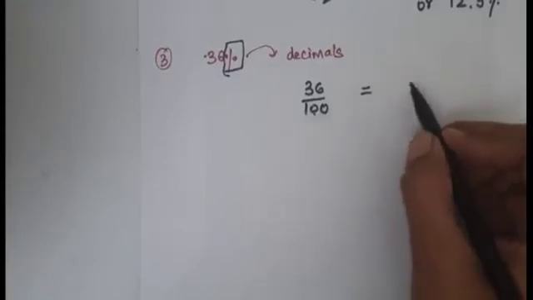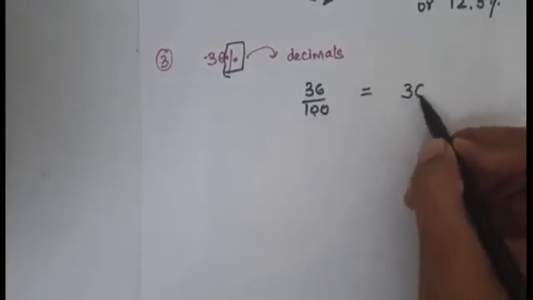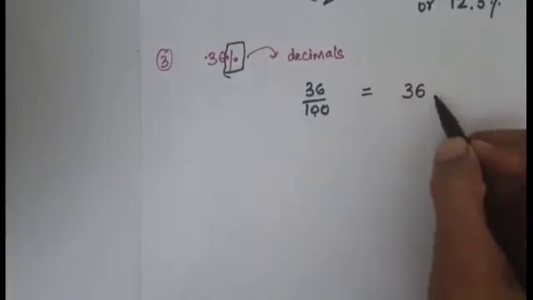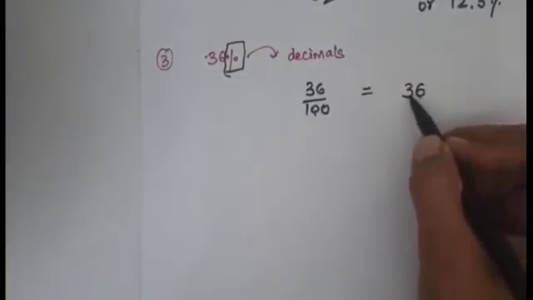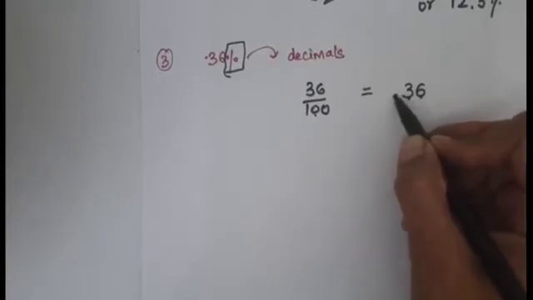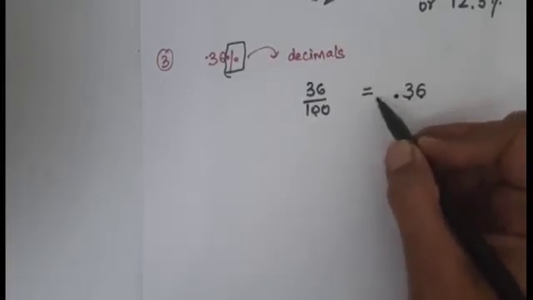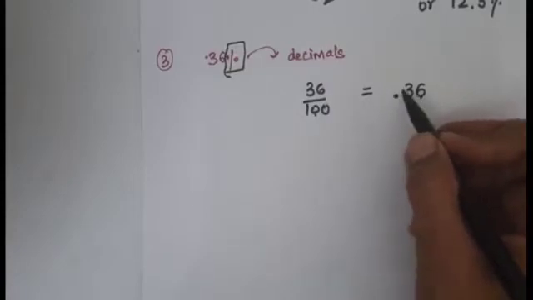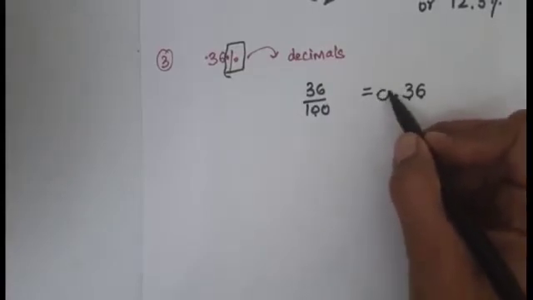So start counting the digits from the back side. 1, 2. 2 zeros are there. So we will count till 2 digits. Now put the decimal here, and before the decimal there is no digit, then you can simply put 0.